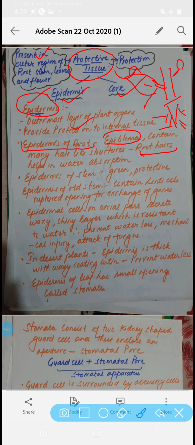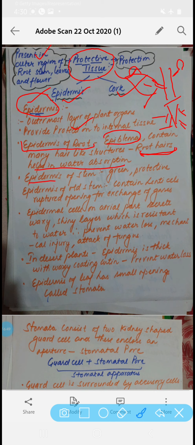These root hairs increase the surface area of the root so that roots can absorb water and minerals in large amount. To increase their absorption capacity, the root hairs are present, so they help in water absorption.